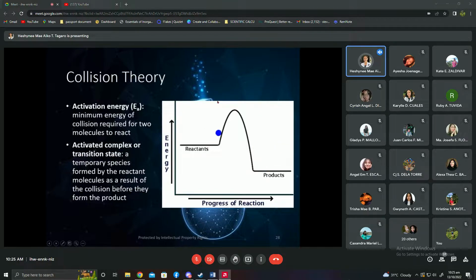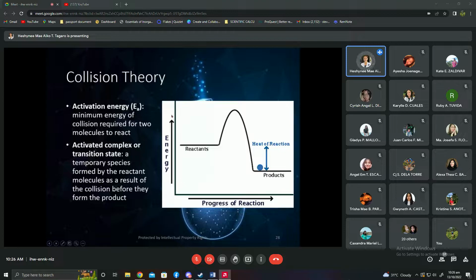So once this activation energy is reached, an activated complex or a transition state is formed. This is a temporary species formed by the reactant molecules as a result of the collision before they form the product.